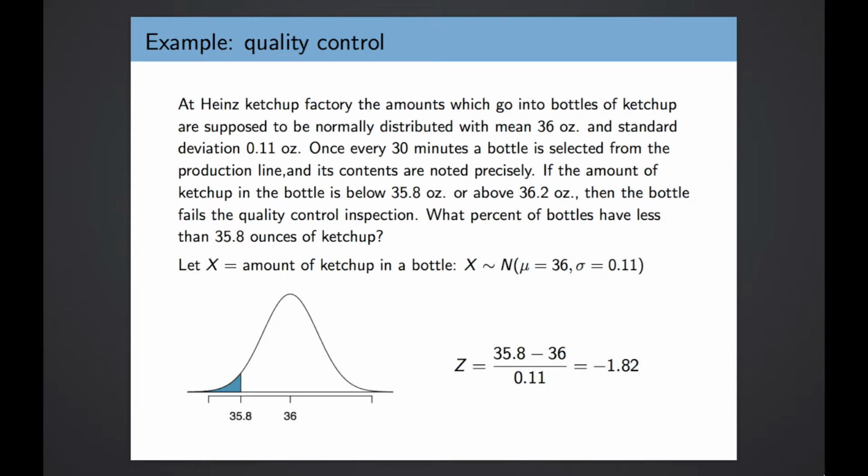So let's calculate the z-score to find out what percent of bottles have less than 35.8 ounces of ketchup. First we calculate the z-score by taking the observation that we're interested in, 35.8, minus the mean, divided by the standard deviation, and we get a z-score of negative 1.82.